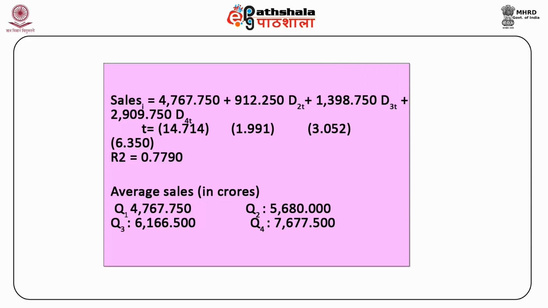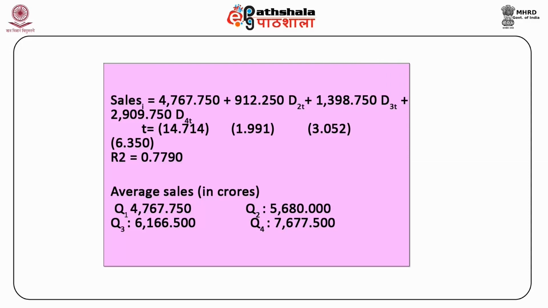4768 crores. In the second quarter, it was higher by about rupees 912 crores. In the third quarter, by about rupees 1399 crores, and in the fourth quarter, by about rupees 2910 crores. All these differences being statistically significant. The actual values of the intercepts in the various quarters can be obtained by adding the differential intercept dummies to the base quarter value.